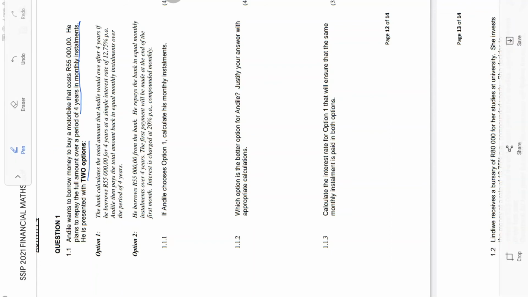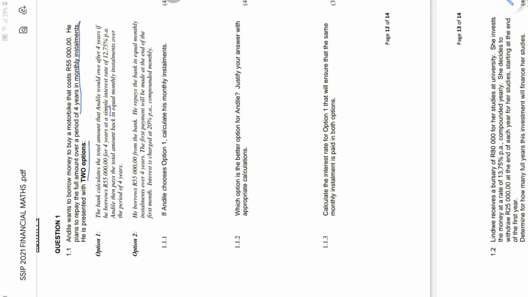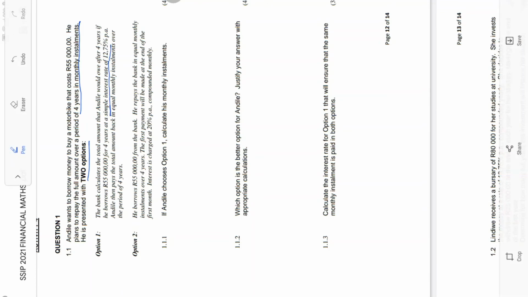Option 1, the bank calculates the total amount that Andile would owe after 4 years if he borrows 55,000 rands for 4 years at a simple interest rate. So option 1 deals with simple interest rate of 12.75% per annum. Andile then pays the total amount back in equal monthly installments over the period of 4 years. So option 1 is simple interest.